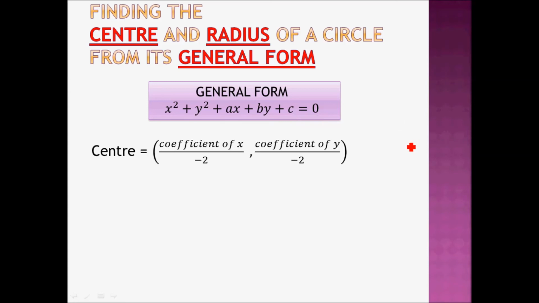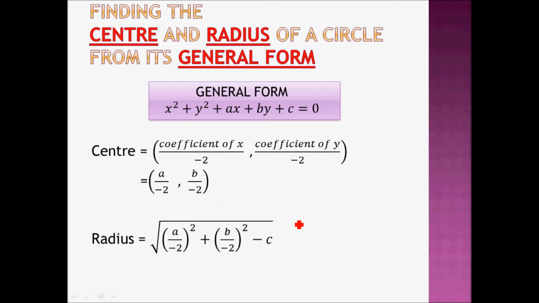Now, if you need to find the center of the circle from the general form, this is what you do. For the x coordinate, we will take the coefficient of x and divide it by -2. For the y coordinate, we will take the coefficient of y and divide it by -2. Hence, this is what we will get.